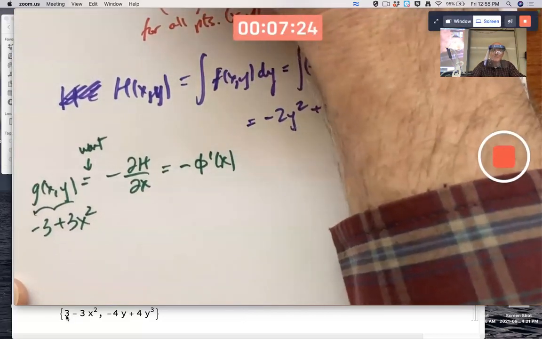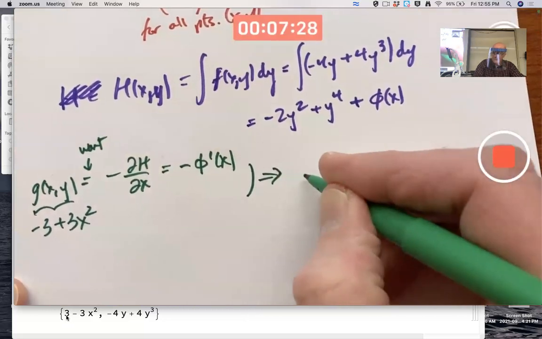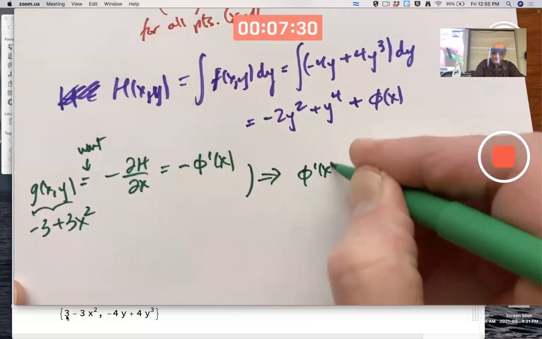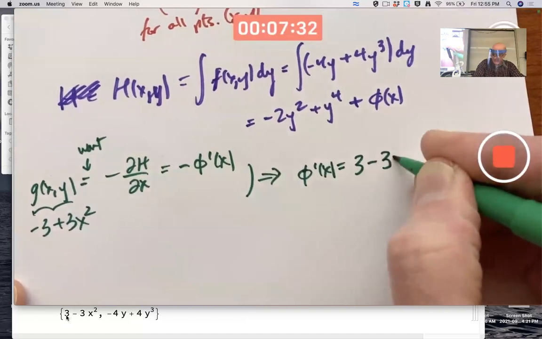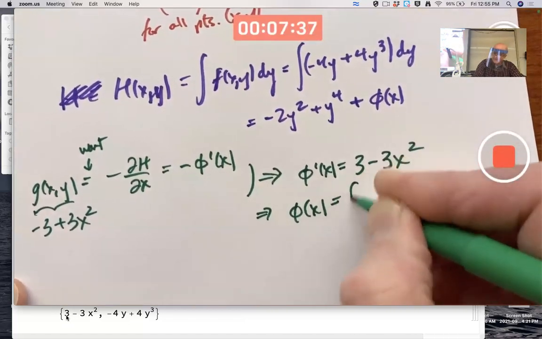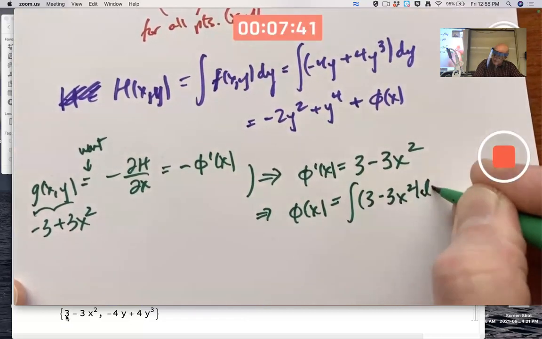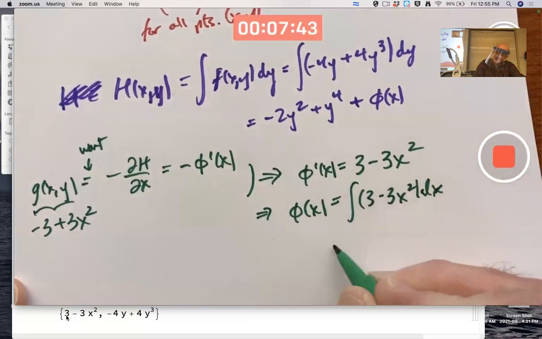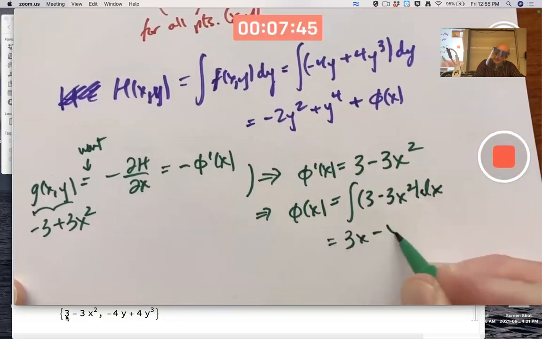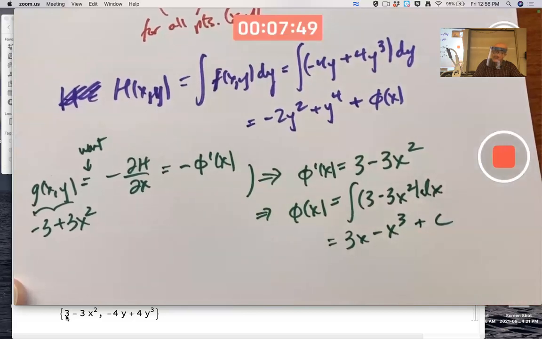So in other words, if I multiply both sides by negative 1, phi prime of x is 3 minus 3x squared. So phi of x is the integral of 3 minus 3x squared with respect to x. And that gives 3x minus x cubed plus c, say.